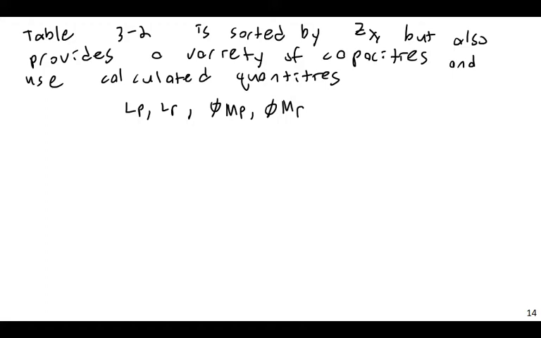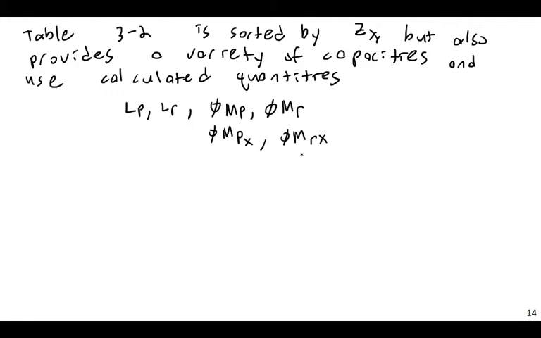For our LRFD, as the manual says, phi b MPX, that's basically the plastic moment capacity in the X, and it also has phi b MRX, the residual moment capacity in the X direction, strong axis bending. And it just gives it to us. We don't even have to do a single calculation.